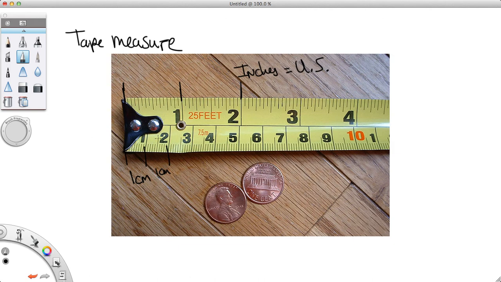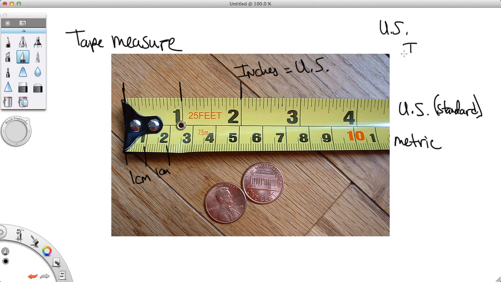And if you're measuring in the metric system, we've got metric on the bottom and US on the top, or the standard system, another name is the standard. The standard on the top is for inches and feet and yards. So the standard system, I'm just going to abbreviate it as US.